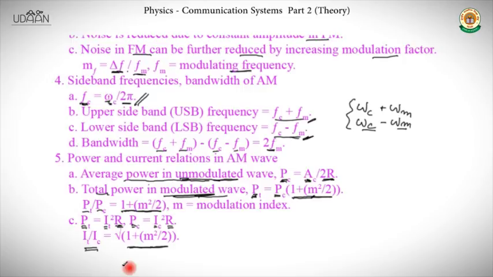So you see that the ratio of the total power to the carrier power does not depend on the resistance of the circuit. In fact, this ratio is simply the square root of the ratio of those two powers. The resistance does not come into effect in this formula. And please note that this is I total by I carrier. If it was I modulating by I carrier, this expression would be simpler, and the 1 plus would not be there. You can figure that out, it's just basic manipulation.